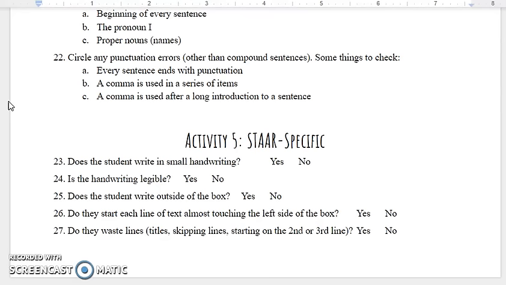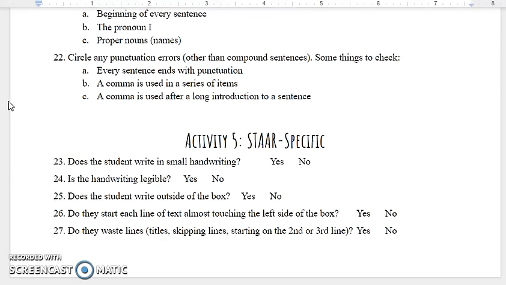Also, on a note for indenting for paragraphs: paragraph indents should not be half the page. An indent for a paragraph is about 1 inch. So if you take your thumb and push it on the paper, the width of your thumb is about 1 inch. Okay, so that's what it should be. Now, 27, they were asked to analyze if you wasted any lines.